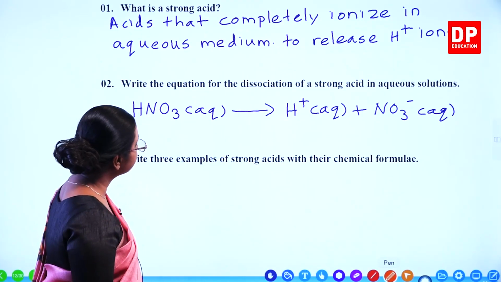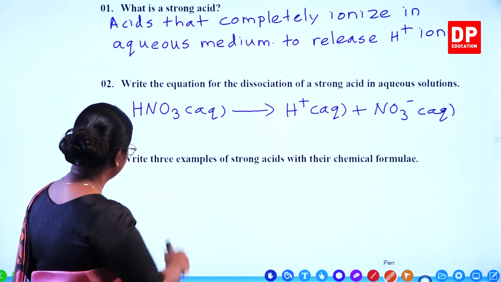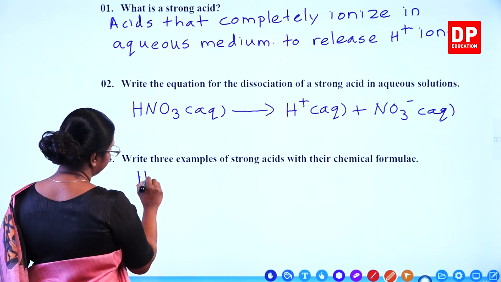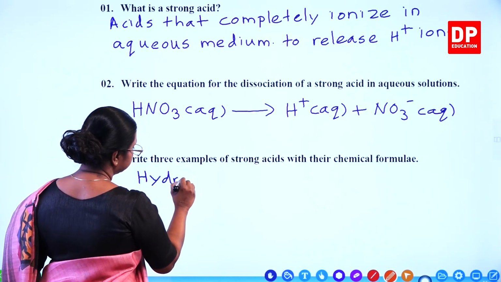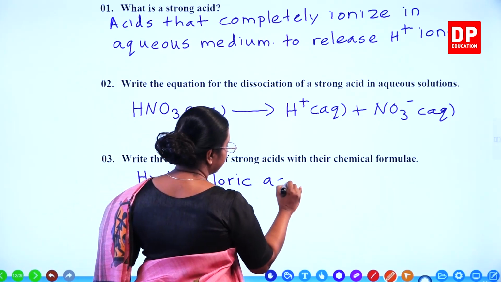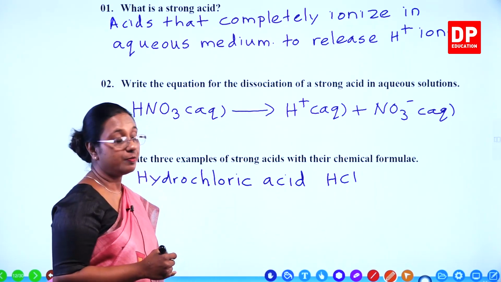Write 3 examples of strong acids with their chemical formulae. 3 examples of strong acids. So, hydrochloric acid, HCl, with their chemical formulae.